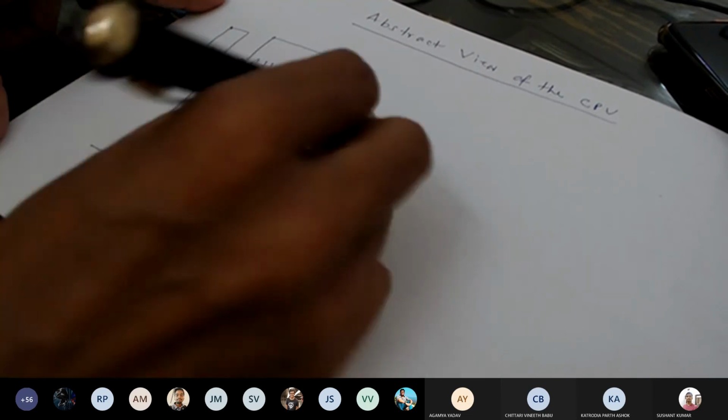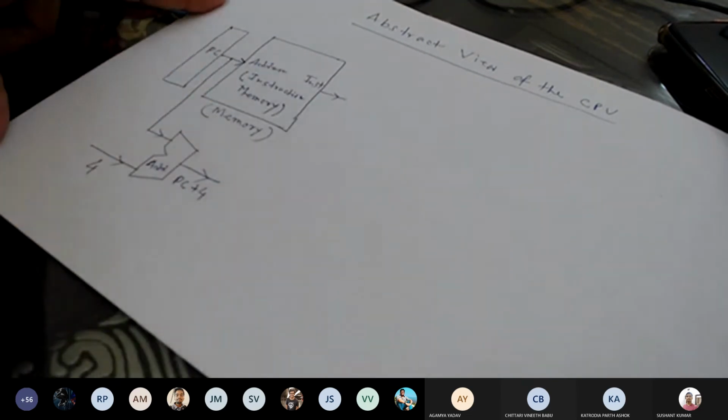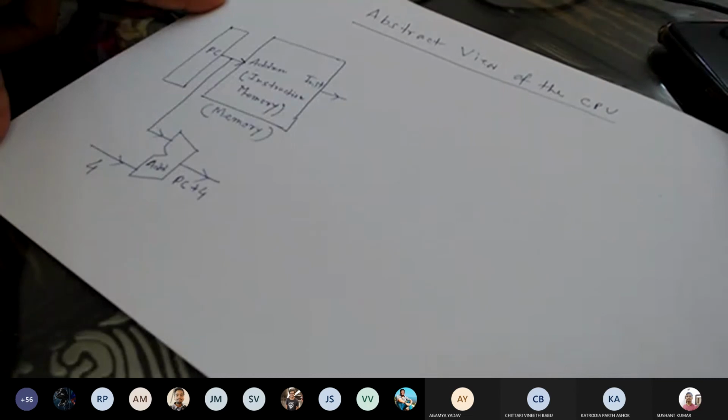Okay. Let's go to the other part of the circuit. On the other part of the circuit, we require to do the operation.